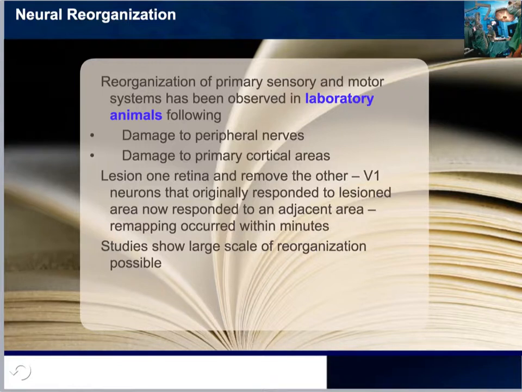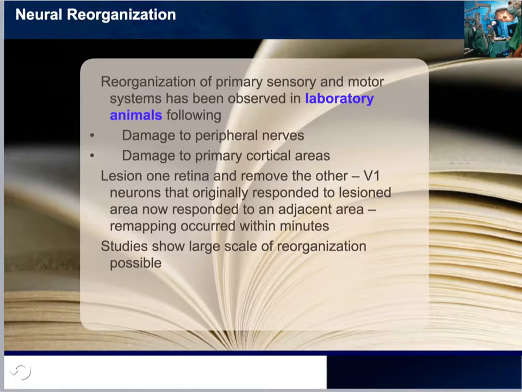So when we induce damage to the primary sensory and motor cortices, we have been able to study the reorganization under two major conditions: following the damage to the peripheral nerves and also following the damage to the cortical areas themselves. Again, this is consistent with the topographic layout.